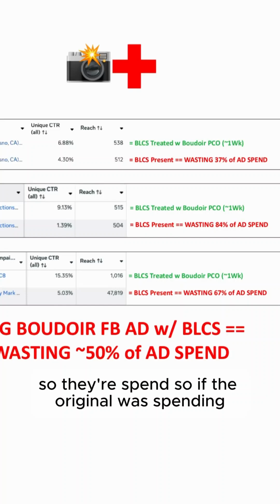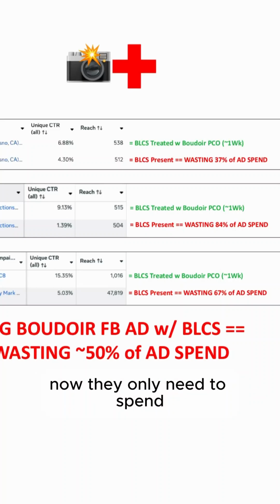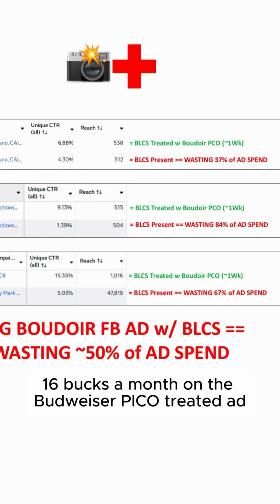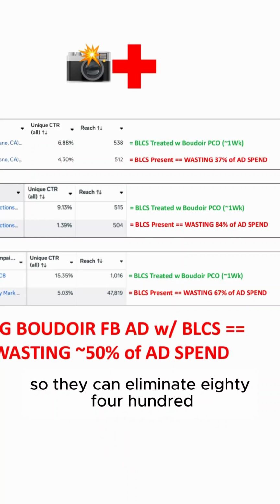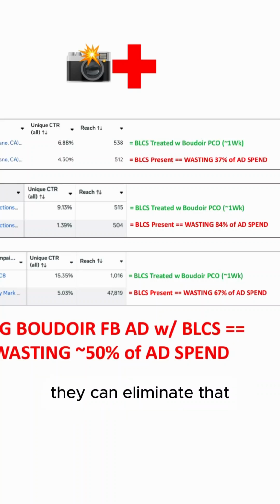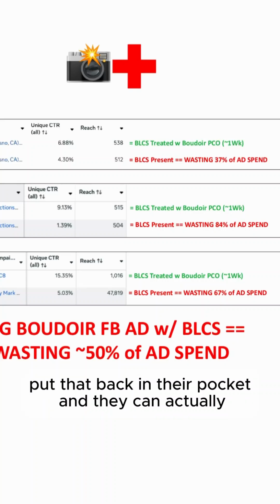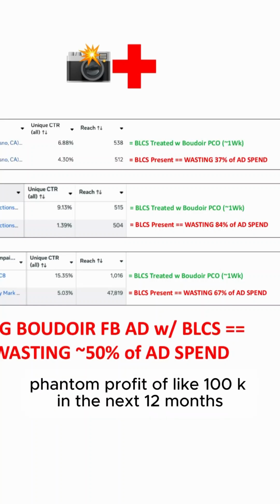If they were spending 10 grand a month on the original, now they only need to spend $1,600 a month on the Boudoir Pico treated ad to get their ad into the same number of women's brains in both scenarios. So they can eliminate literally $8,400 a month. Every single month is being wasted. They can eliminate that, put that back in their pocket, and they can actually profit, like bonus phantom profit of like 100K in the next 12 months.